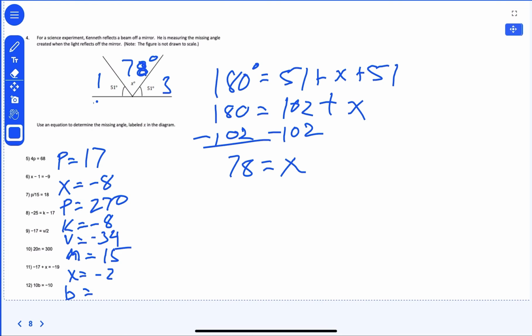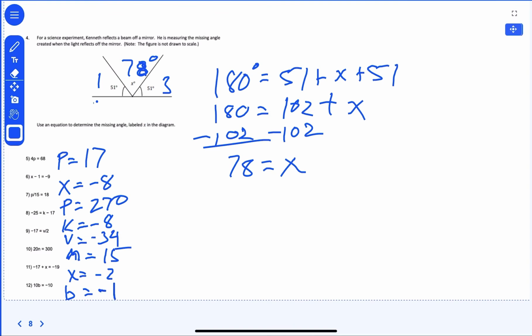What about 12? It's not going to be minus 10 because 10 times a negative 10 would be negative 100. It's just negative 1.